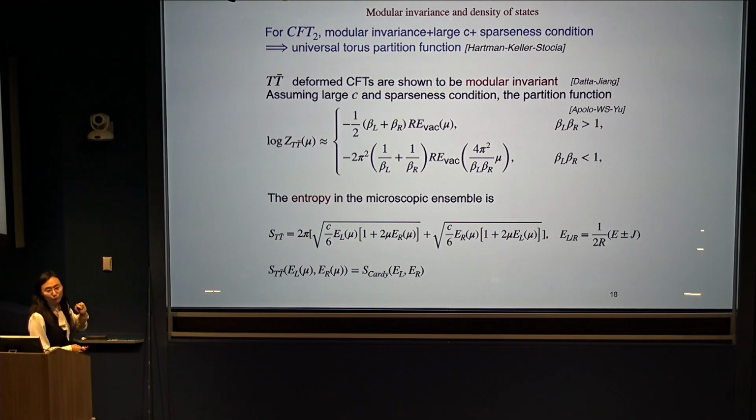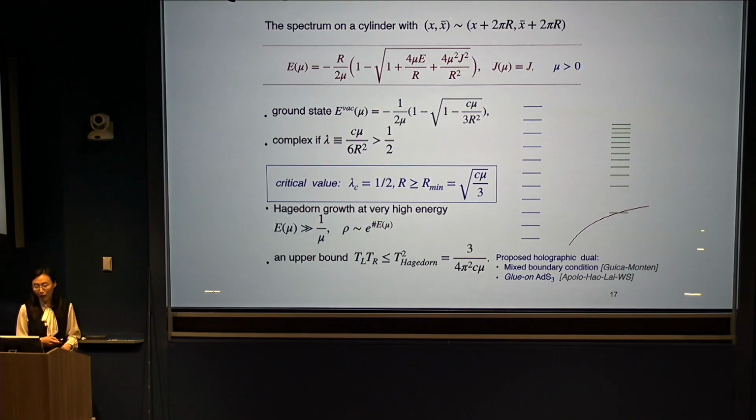So I can also mention a few properties of this double trace TTbar. From this diagram, we can see that after deformation, the states don't cross. So the number of states doesn't change.